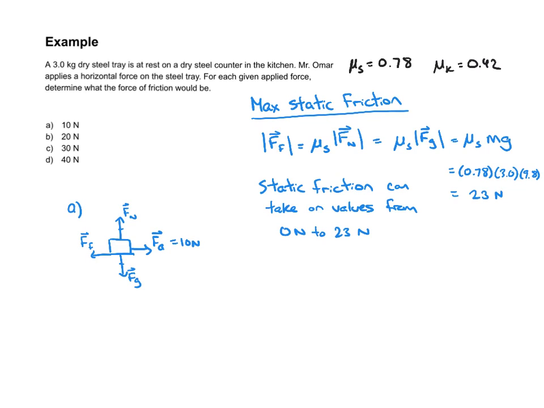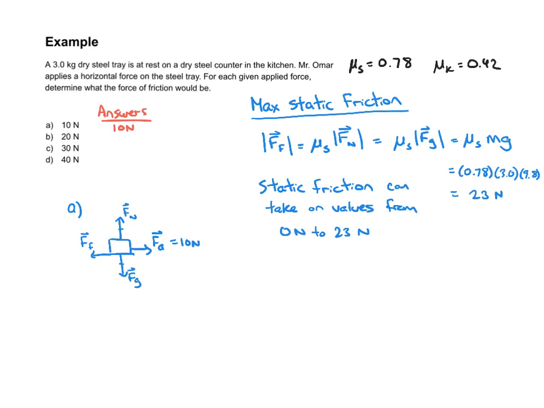So that means that when Mr. Omar pushes with 10 newtons, 10 newtons is not bigger than 23. So this tray is not going to move, and static friction is going to take on a value of just 10 newtons. Static friction will just match Mr. Omar's 10 newtons to keep the tray at rest.